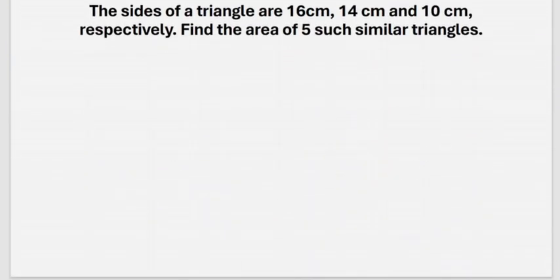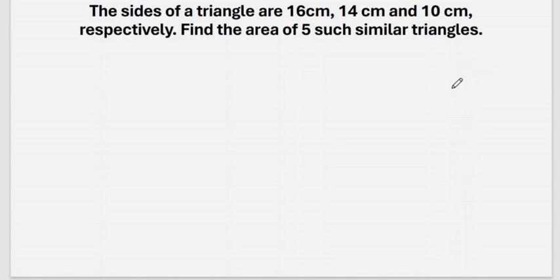The sides of a triangle are 16 centimeter, 14 centimeter and 10 centimeter respectively. Find the area of 5 such similar triangles. So we have to find the area of a scalene triangle. What type of triangle is this? It is a scalene triangle. Why?